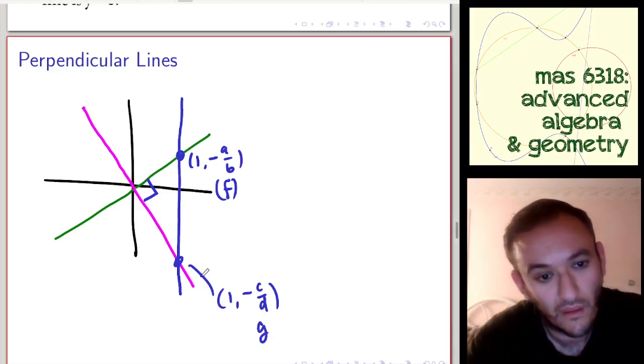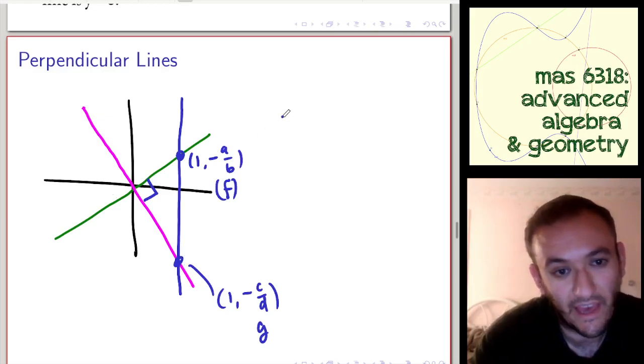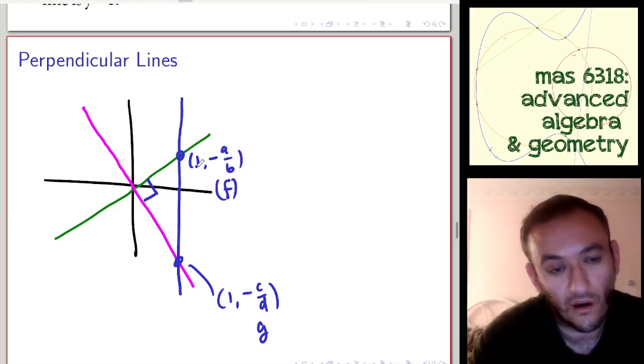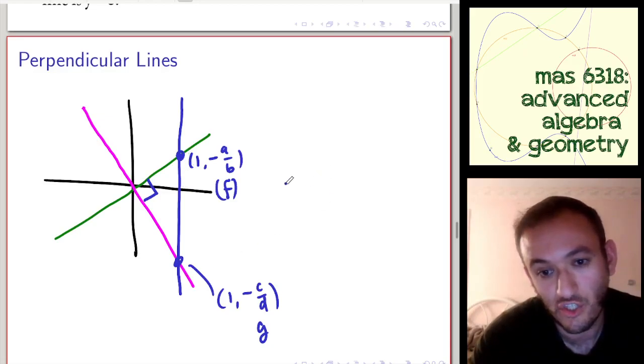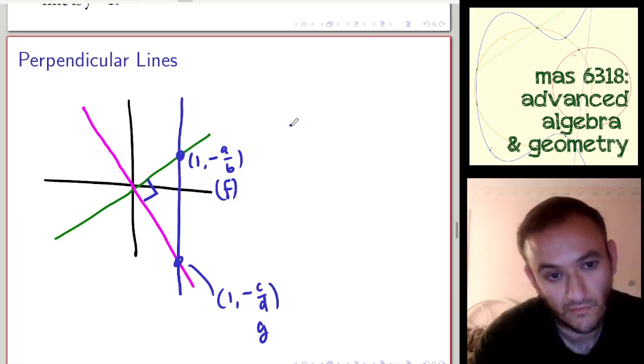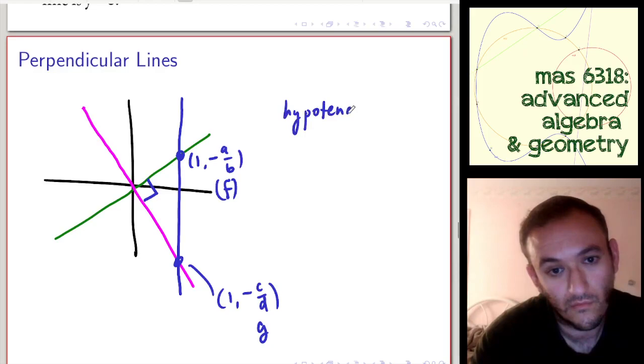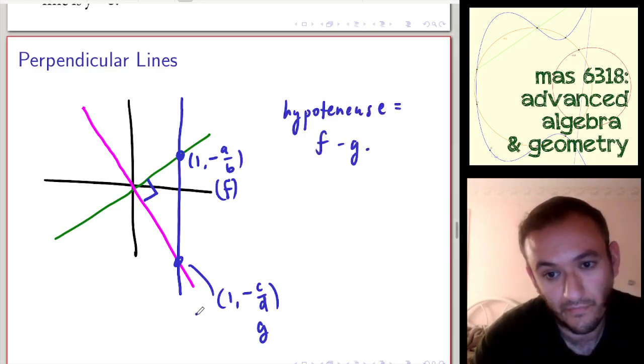Okay, so on the hypotenuse we have f minus g. So the length of the hypotenuse equals f minus g. How about the length of the two legs?